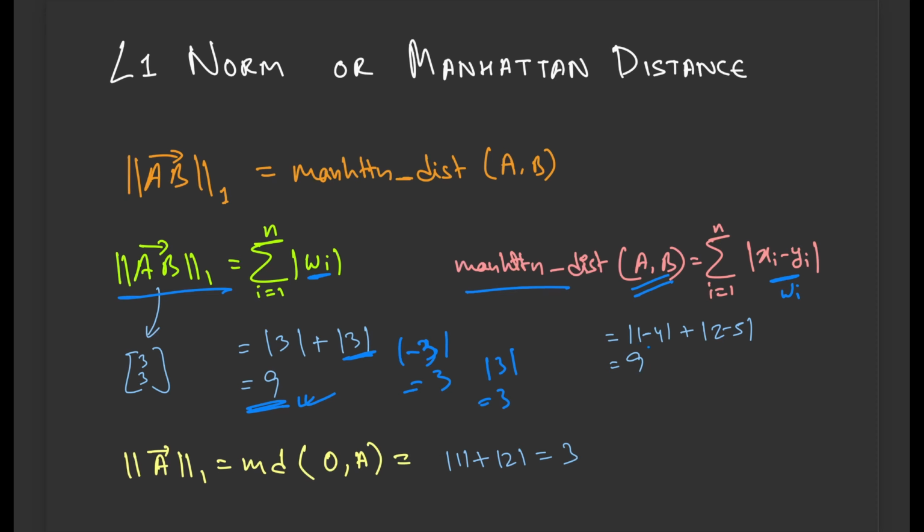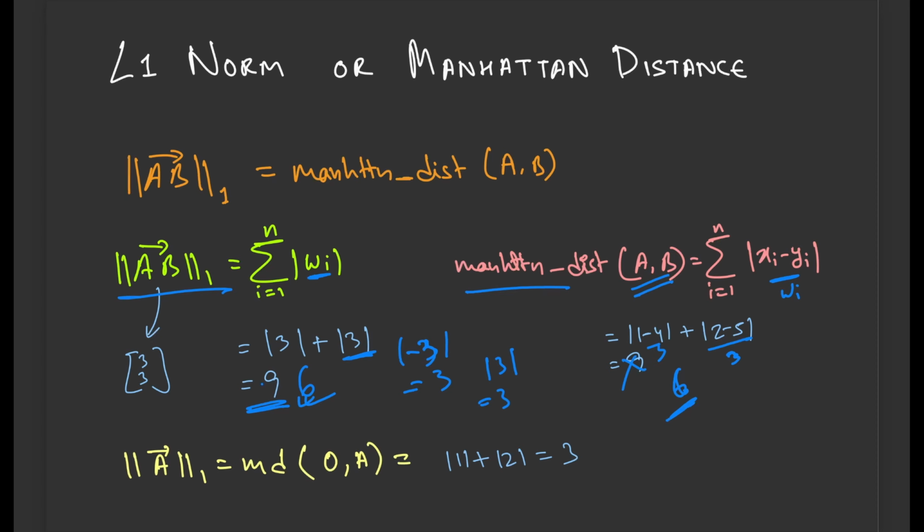If you take the absolute value, you'll get 3 here, and then here you'll get minus 3, but if you take the absolute value, you get 3 here. Sorry, so it should be 6, it should not be 9. I made a mistake here. So here also it should be 6, and here also it should be 6. Sorry, my mistake. I might have done some multiplication.